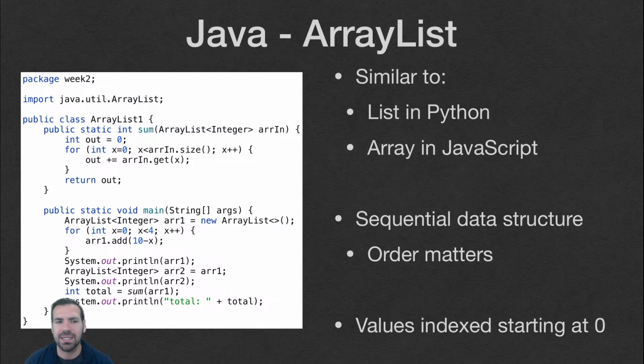It's your basic sequential data structure with indices 0 to n-1, where n is the number of values in the data structure. Every programming language is going to have one of these. I'm sure there's some out there that don't, some that I'm not aware of, but pretty much any programming language is going to have this data structure in some form.